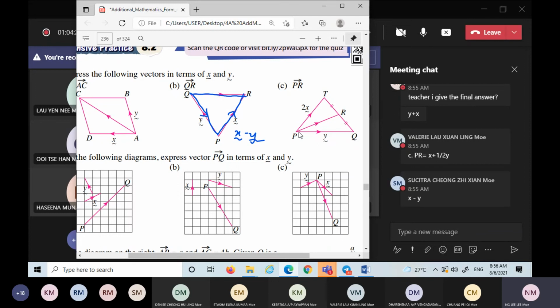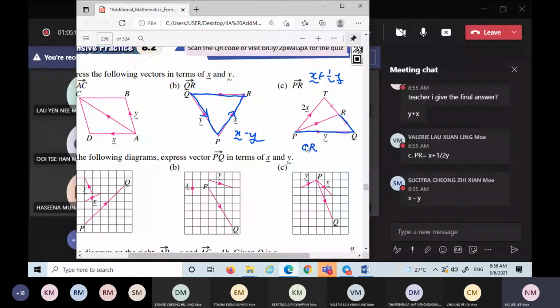Let us look at C, where we say x plus half y. Let us see how. She used P to Q, and then Q to R. This one involves more steps. P to Q is y. Are you sure, Valerie? Looking at QR, I cannot straight away get QR.